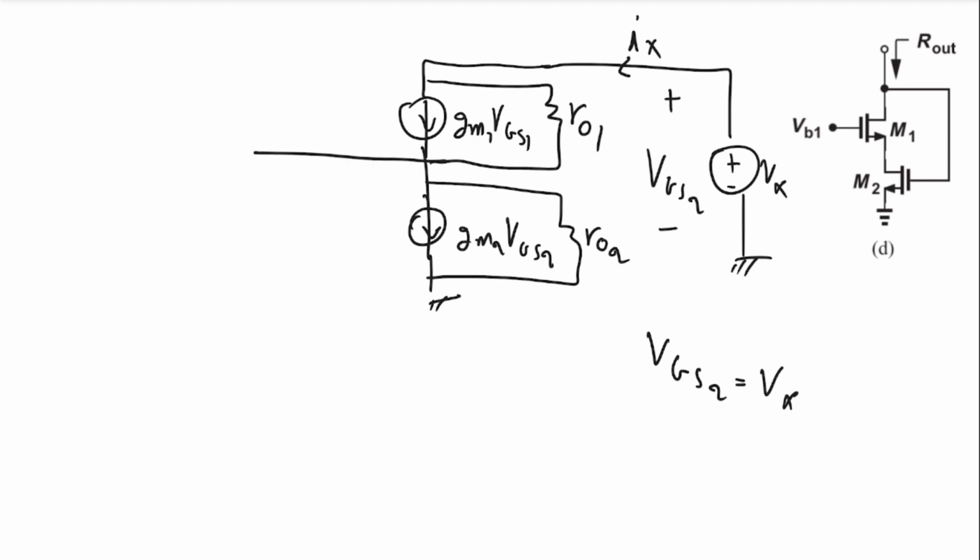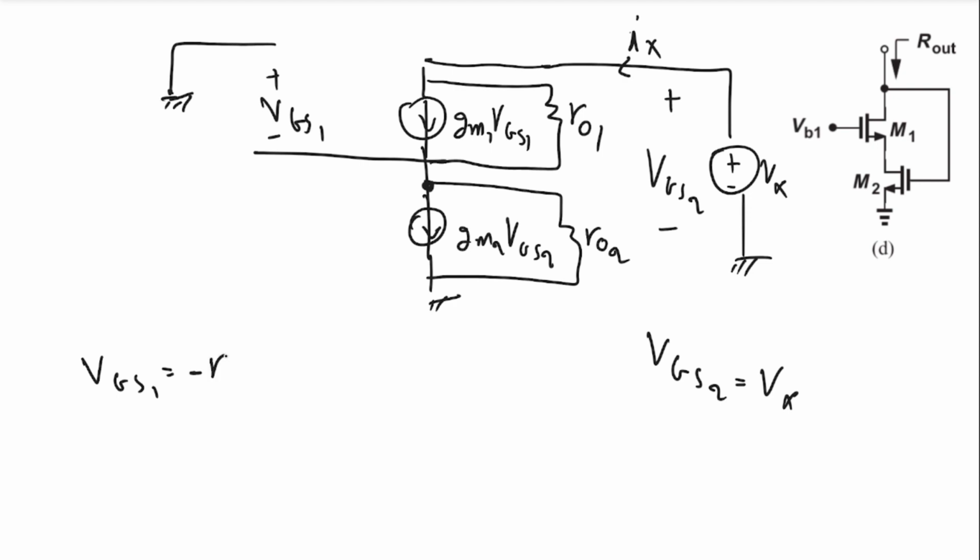For Vgs1, it is minus the voltage across ro2, because it is linked to the ground.